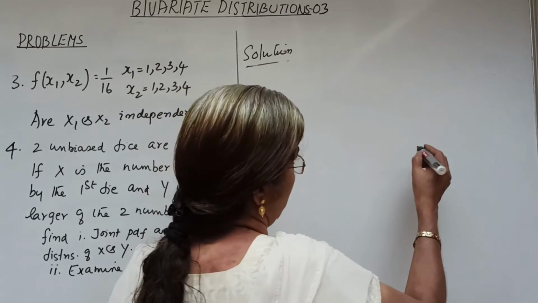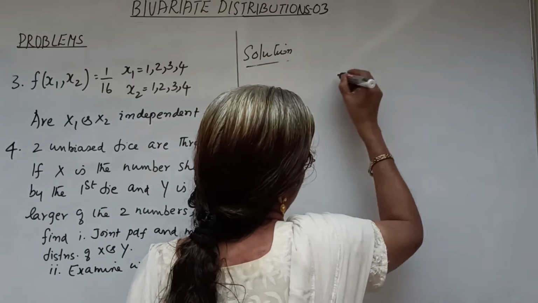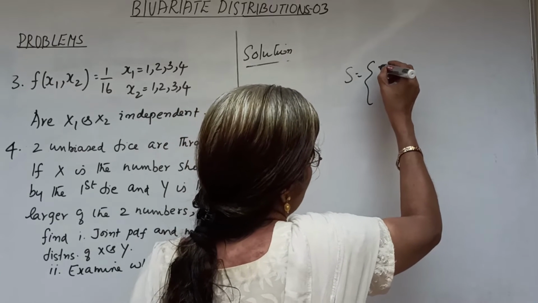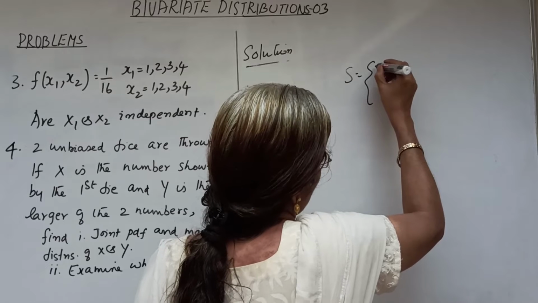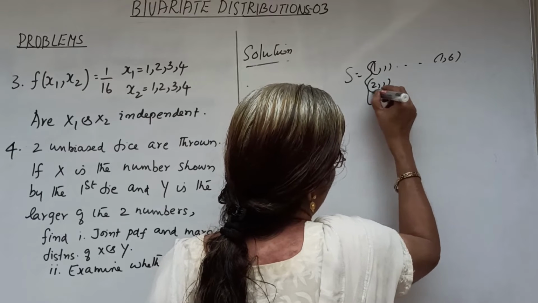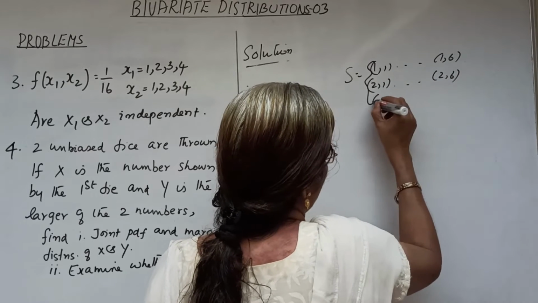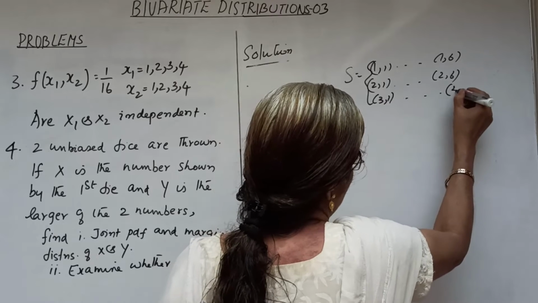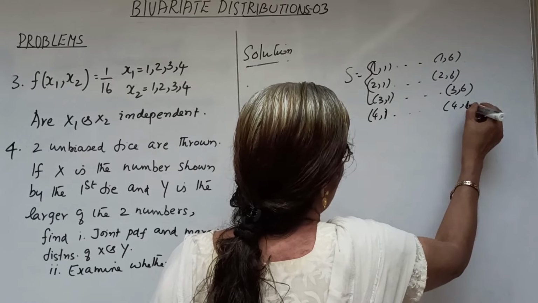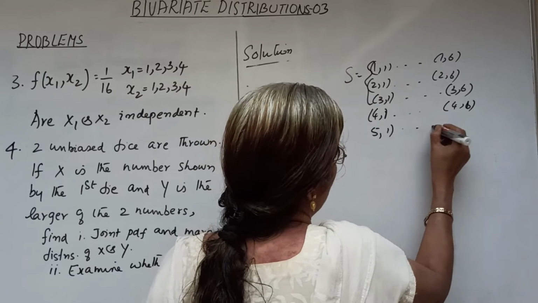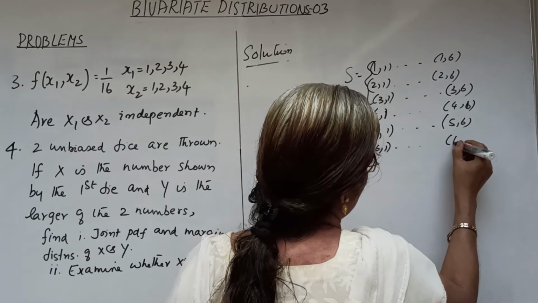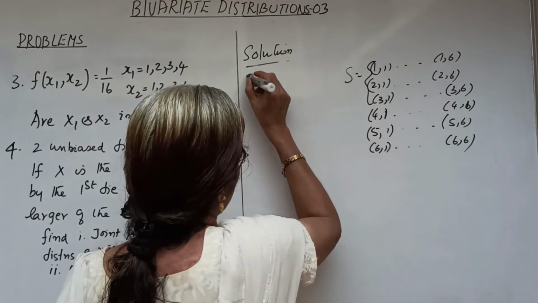The sample space S can be written as (1,1), (1,2), (1,3), (1,4), (1,5), (1,6), up to (1,6), then (2,1), (2,2), etc. up to (2,6), (3,1), (3,2), etc. up to (3,6), (4,1), (4,2), etc. up to (4,6), (5,1), (5,2), etc. up to (5,6), (6,1), (6,2), etc. up to (6,6).